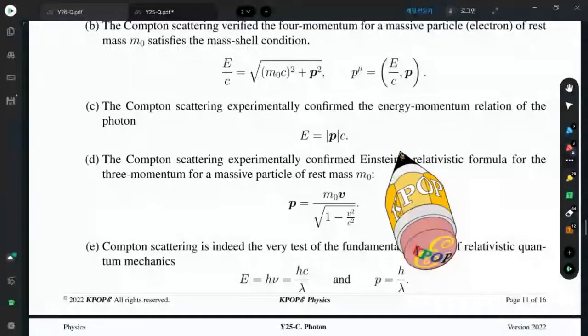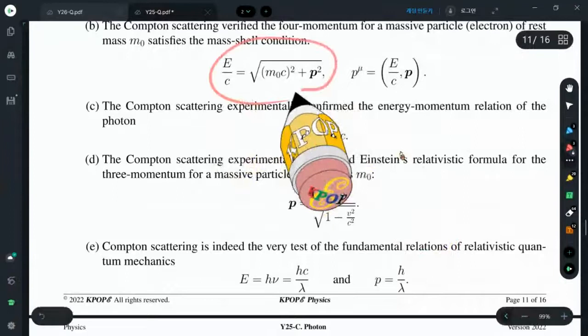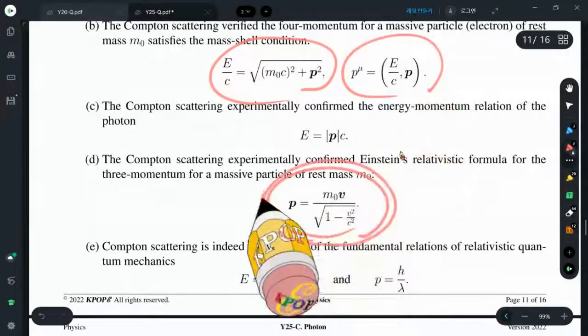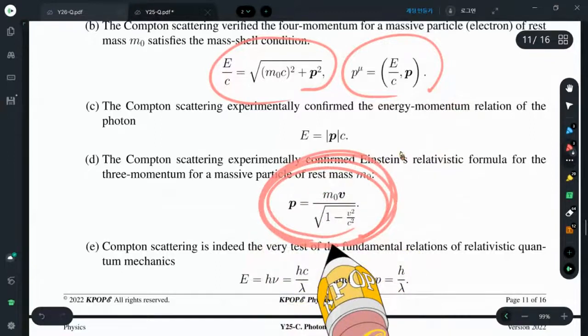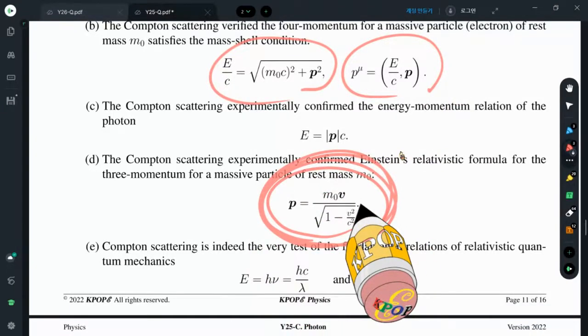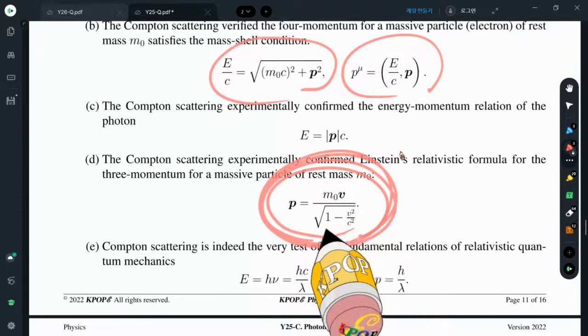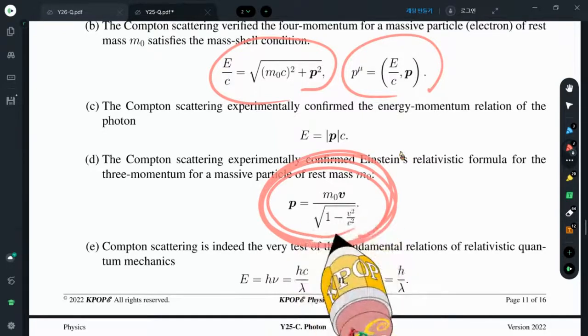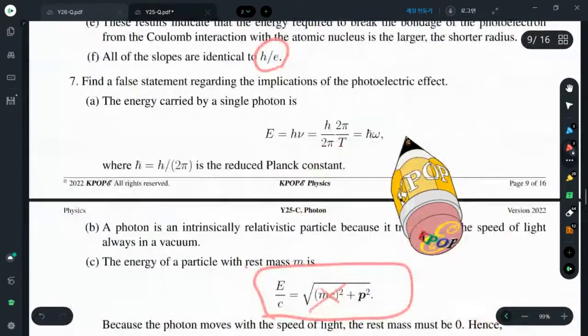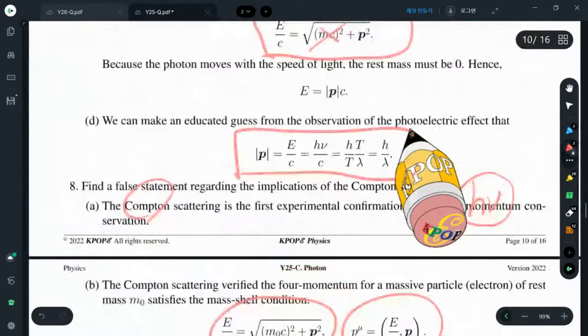So we again use these formulas, and we are interested in checking the free momentum. This is a spatial component of the momentum that carries the velocity dependence of mass, which has not been well studied in the photoelectric effect.